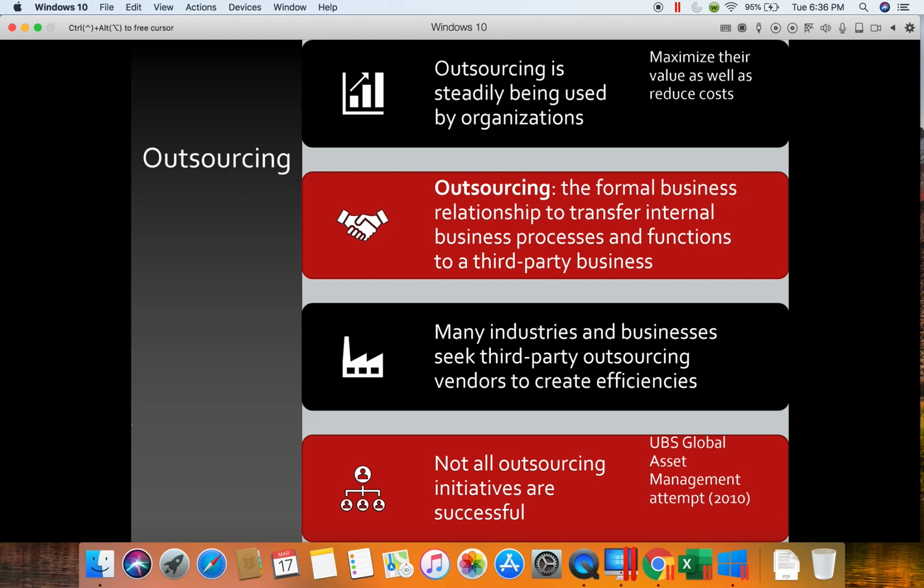So for example, the companies that my husband's company works with, they could hire their own technology experts in the software and in the hardware and other tools that they are using. Or they could seek the expertise of individuals that work for another company and outsource that to create efficiencies. Not all outsourcing initiatives are successful, but many are.